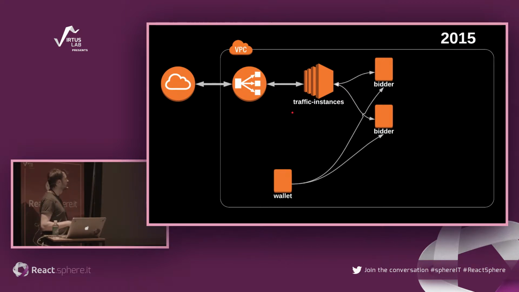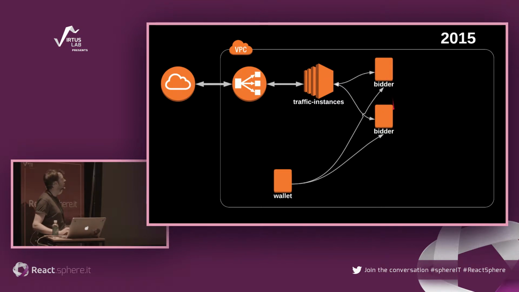But that's the very simple overview, and we decided that we are going to create the first level, so-called traffics, and they are just decoding and encoding JSON payloads from the internet, from ad exchanges, and translating those requests to our internal model that is a bit more compact.